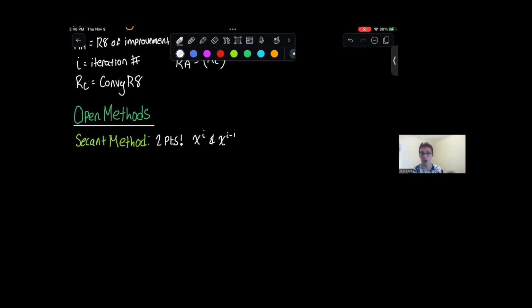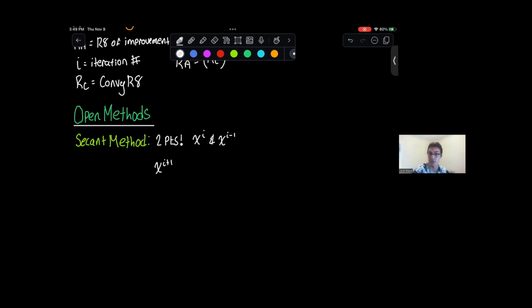So those are our current xi as well as our older xi. Those xi's are our most recent solution that we found and our previous most recent solution that we found. And I want you to see if you can find any parallels between regular falsi and the secant method.